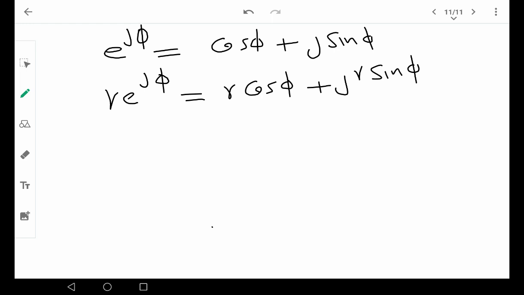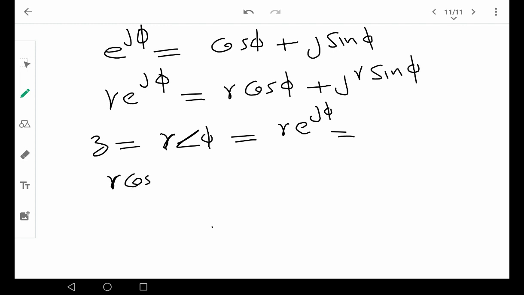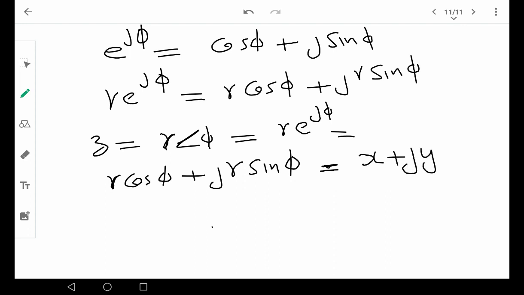So z equal to r angle phi equal to r e raised to j phi equal to r cos phi plus j r sin phi equal to x plus j y.